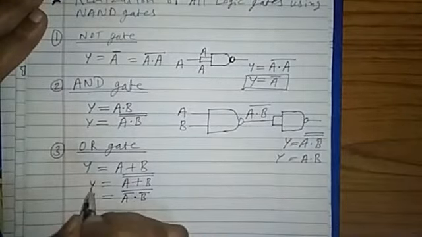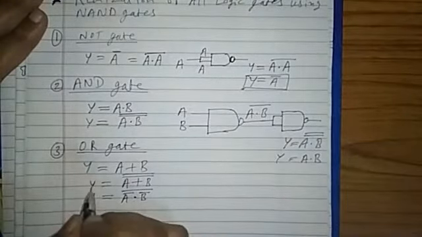Now similarly, XOR gate. You know the XOR gate expression: Y equal to A bar B plus A B bar. Now apply two times complement, so the expression will remain the same.